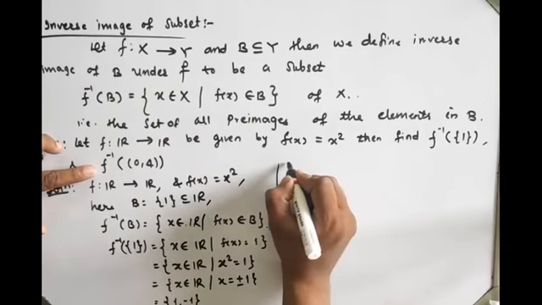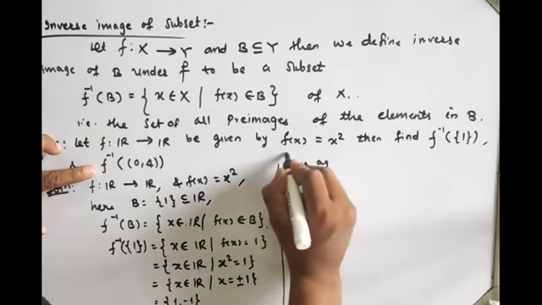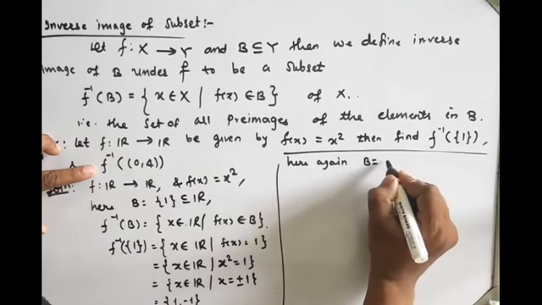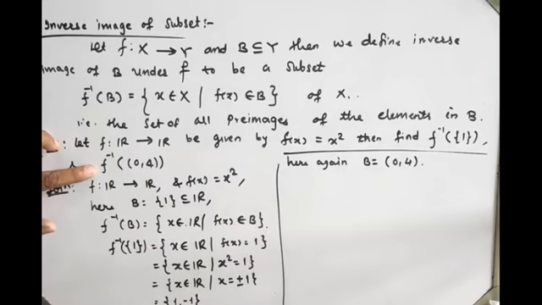So here again, what is B? B is equal to the open interval 0 to 4, right?